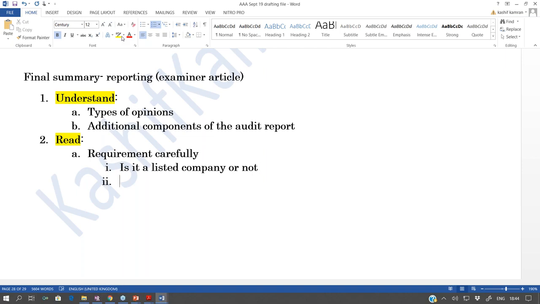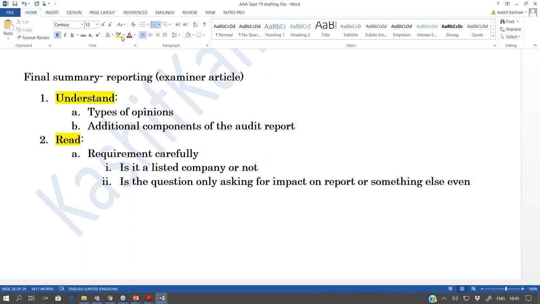For number two, is the question only asking for impact on report or something else even?